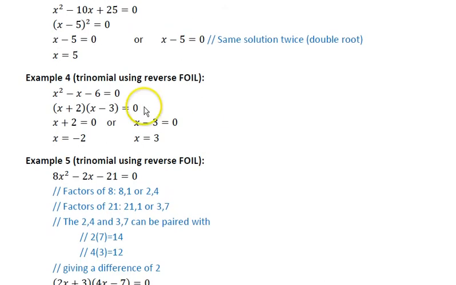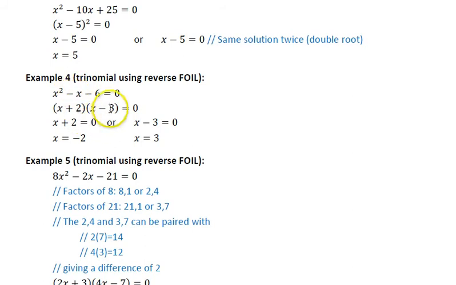Example 4, reverse FOIL. We have x squared minus x minus 6 equals 0. First we create our two binomials, and the first terms have to be x because they have to multiply to x squared. To get to minus 6, we can try 6 and 1 or 2 and 3, but the 2 and 3 gives us a better opportunity for the middle term.